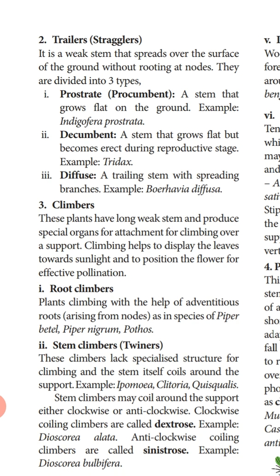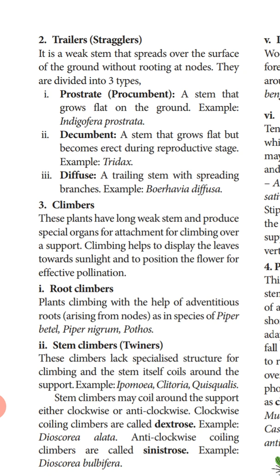Based on that they are classified into different types. This climbing helps to display the leaves towards the sunlight, so the leaves are exposed to sunlight for photosynthesis and exposed for pollination. For support they require, climbers are classified into different types.